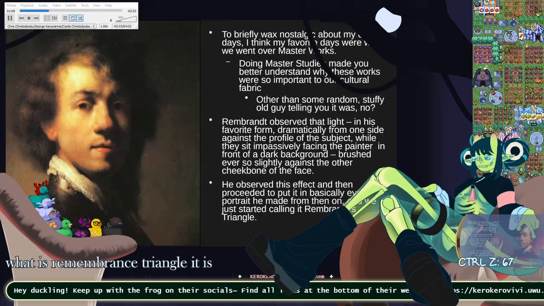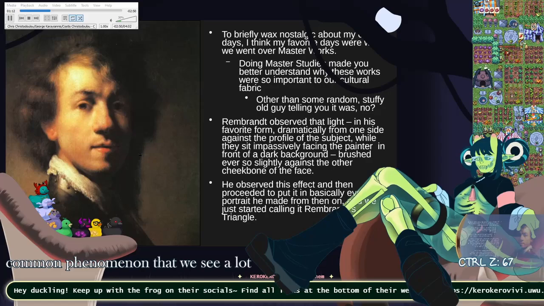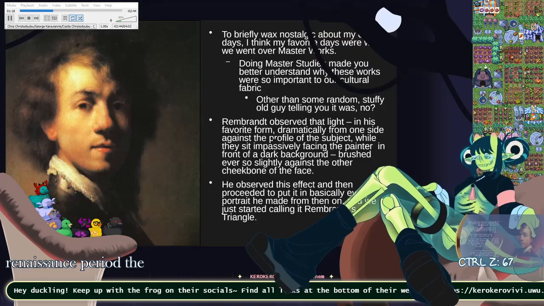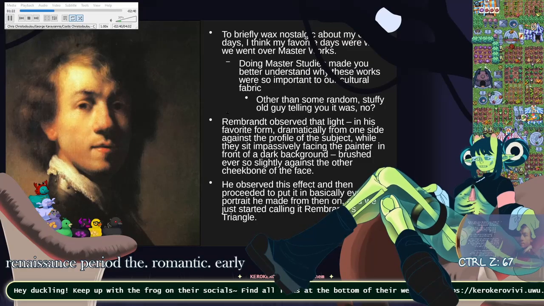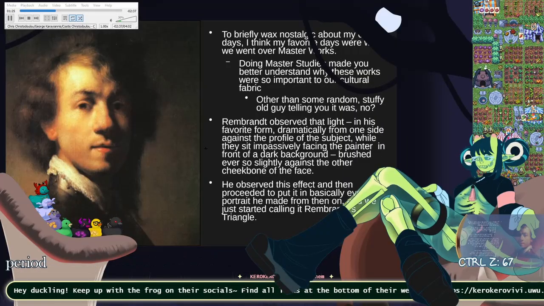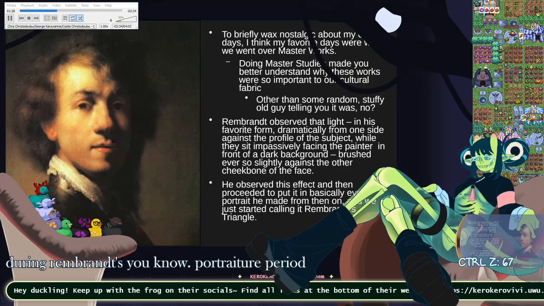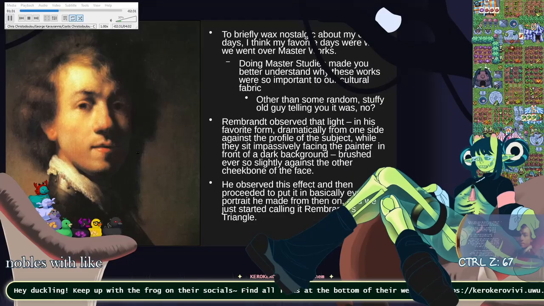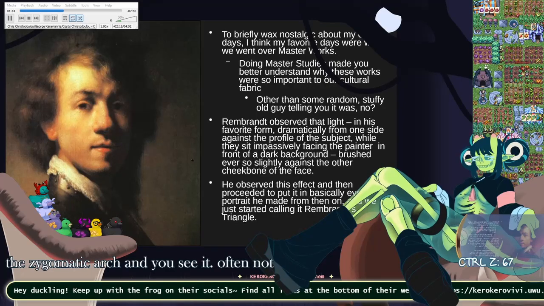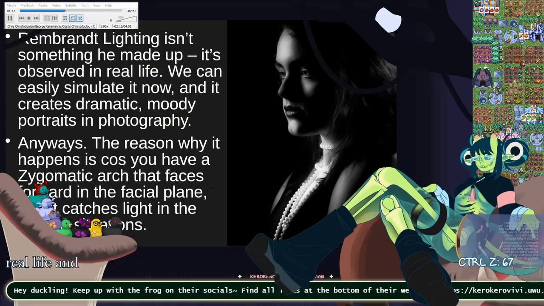It is this really common phenomenon that we see a lot in classical paintings, popularized after the Renaissance, not the Renaissance period, the early romantic period, during Rembrandt's portraiture period, where he paints a lot of nobles with really dramatic lighting from the side, and it creates this lighting effect under the eye, and it catches on the zygomatic arch, and you see it often not only in his paintings but also in real life and in photography, and we can simulate that effect much more effectively now with the lighting tools that we have.